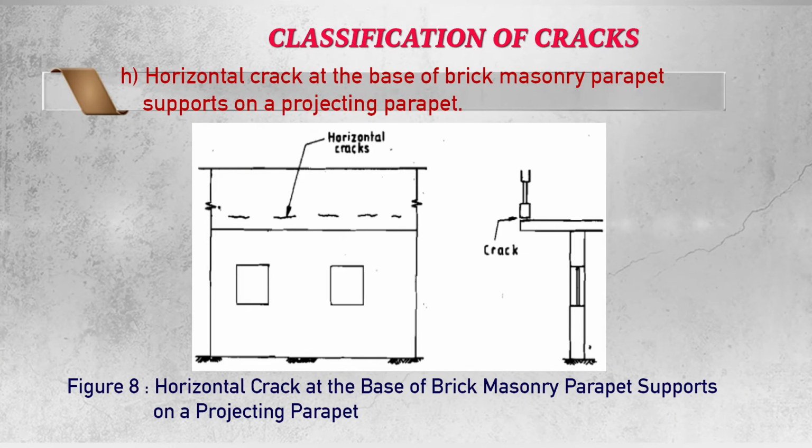Then in figure 8, you see the horizontal crack at the base of brick masonry parapet supported on a projecting parapet. There is a projecting parapet, and on that there is a brick masonry parapet, and here you see a horizontal crack at the base of the brick masonry parapet.